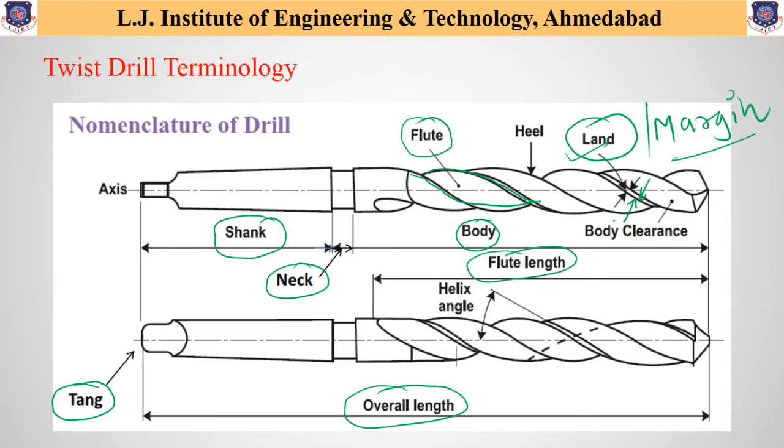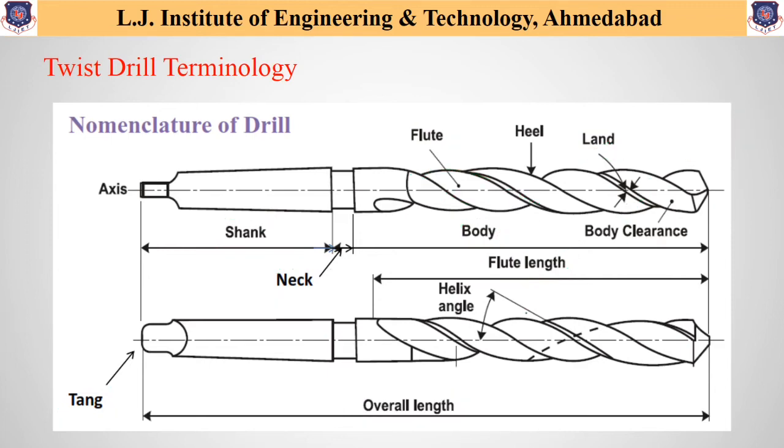So these are some of the basic parameters available to understand the nomenclature of the drill. Similarly, there are certain angles also available, the explanation of which is also necessary. First of all, let us have a look at this particular region.